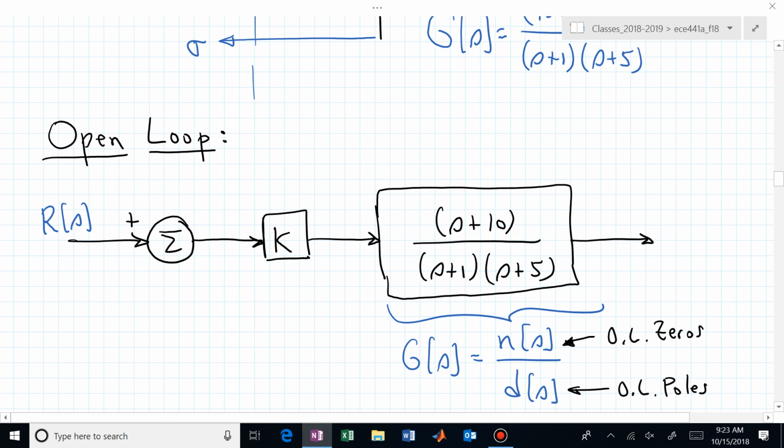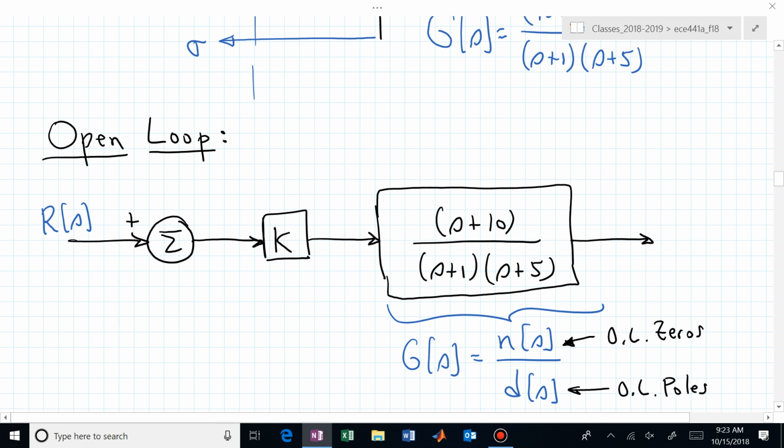So your interviewer goes, well, adjust K. Just make K whatever you want. And can that help you? K now can influence the 0 or the numerator in the open loop, but it's not adjusting those poles at all, is it? Those poles are stuck at -1 and -5.